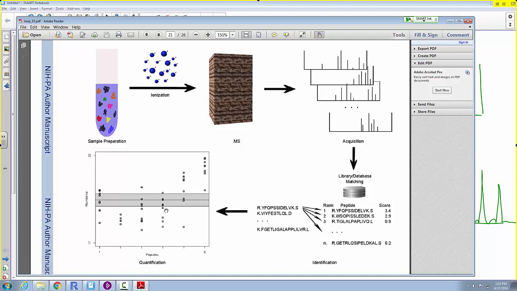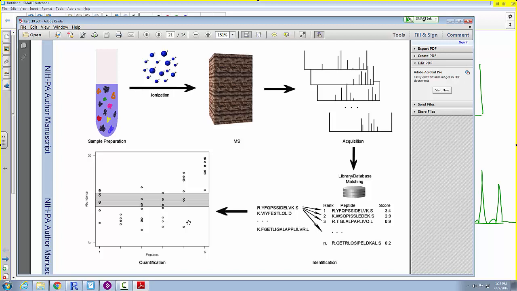You need some way to roll up the peptide information to the protein information, peptide level to the protein level. I won't go into detail on that, but it's just a necessary step. If you're familiar with Affymetrix gene expression microarrays, it's an analogous thing that you have to do there. It's a microarray, so you have, roughly speaking, these different spots on the array, and each spot corresponds to a gene.